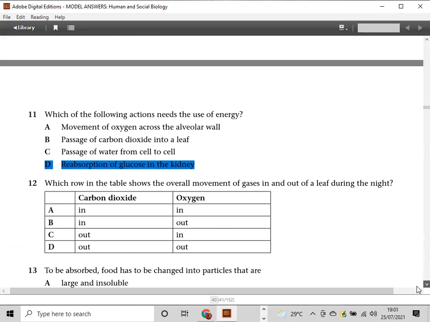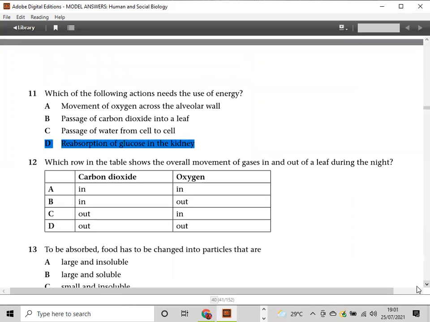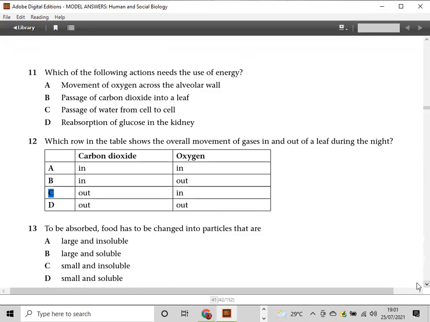Number 12. Which row in the table below shows the movement of gases in and out of the leaf during the night? And number 12 is C, carbon dioxide out. Now look at the table, so it's C. Let's move on to 13.